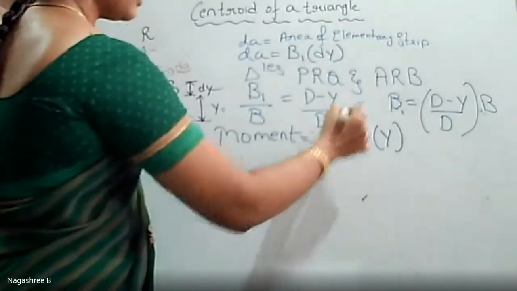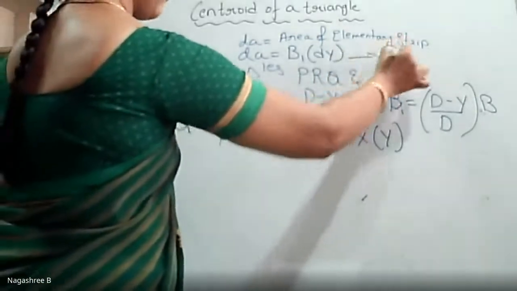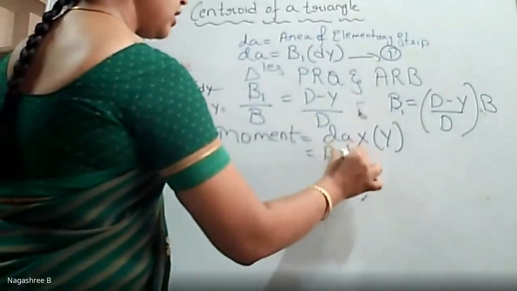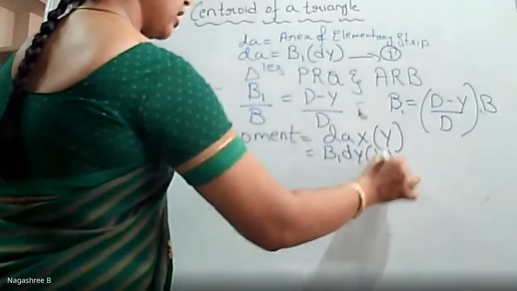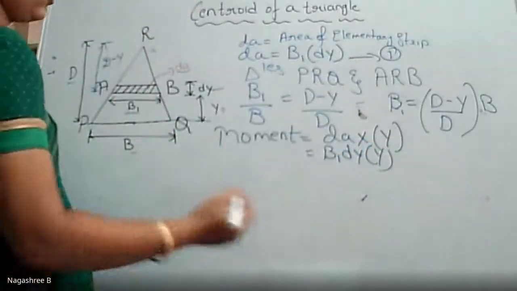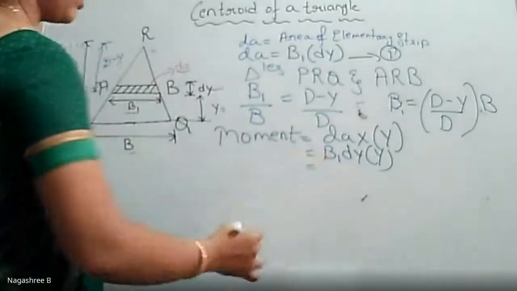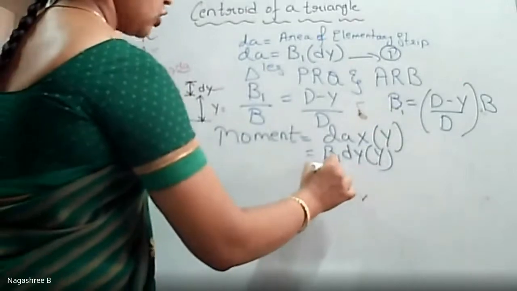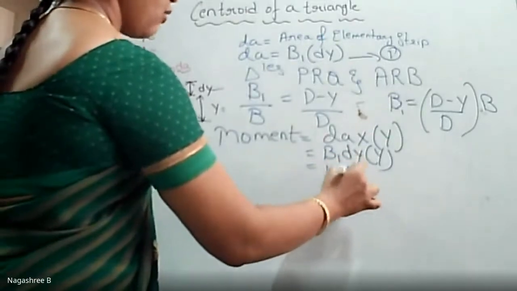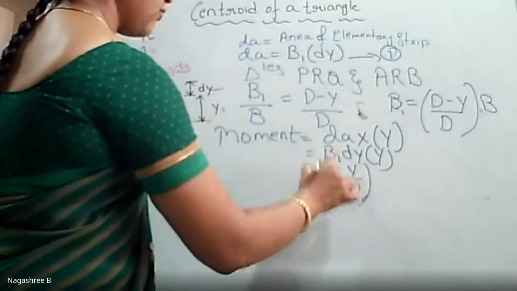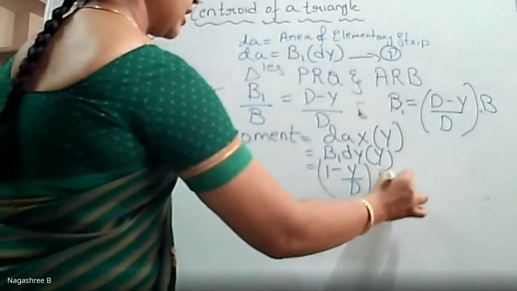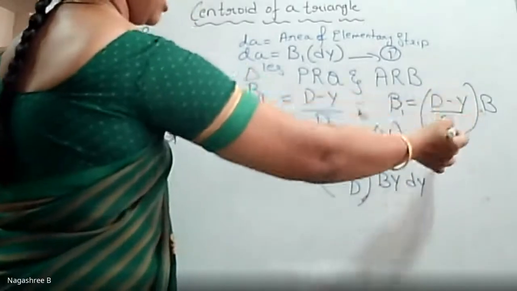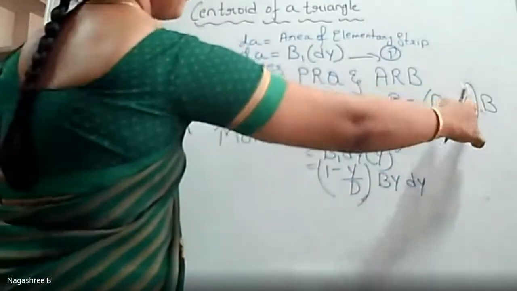I know what dA is by equation 1. So it is B1 times dy times Y. If I substitute the value of B1 in terms of B, it is (1 minus y by d) times B times y dy. Here I have divided individually, so d by d becomes 1 and y by d remains.